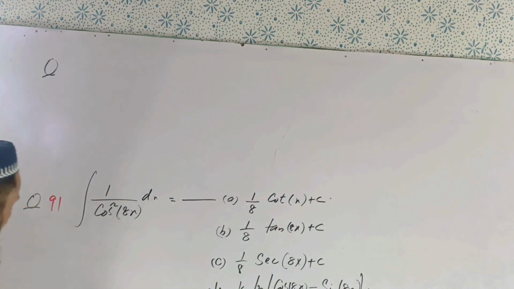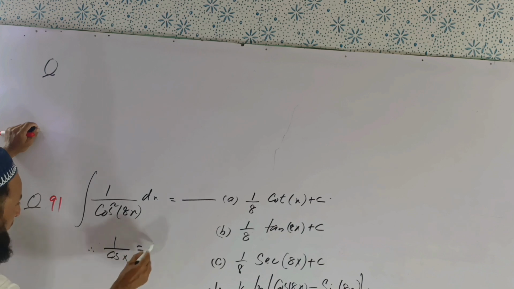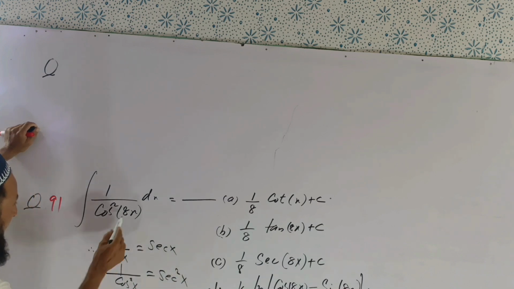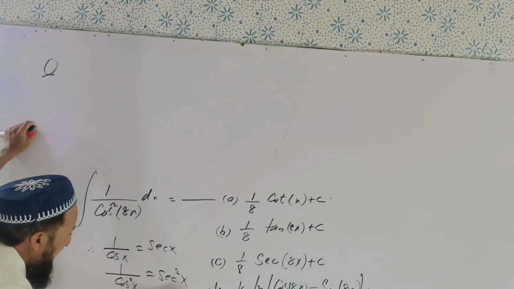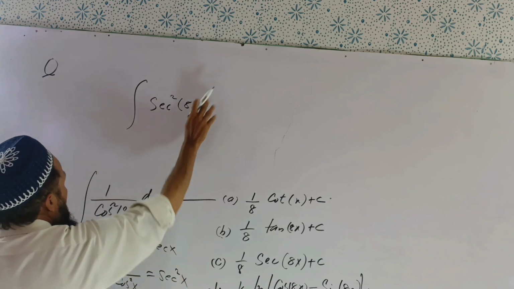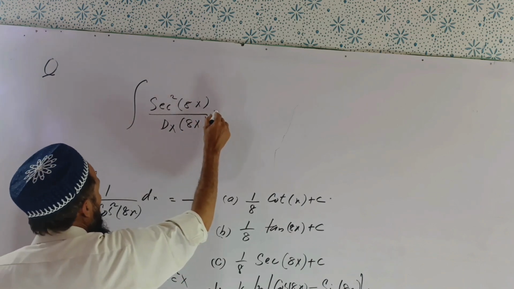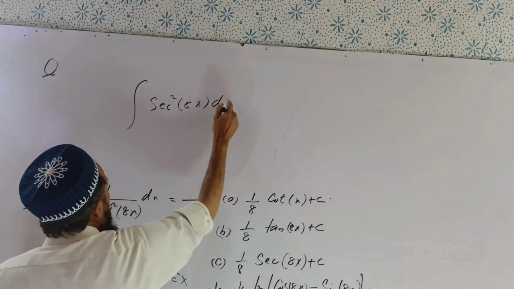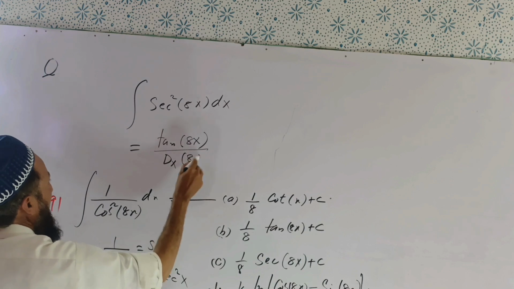Now the relation between secant and cos: as we know, 1 over cos x is equal to secant x, and here cos square 8x is given, so we can write secant square 8x. Further, the integral of secant square 8x is tangent 8x, and divide by the derivative of 8x, which is 8.